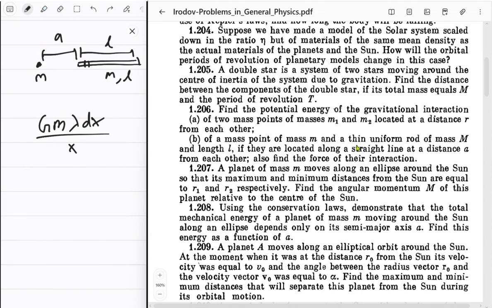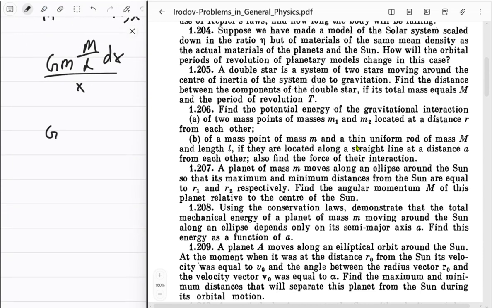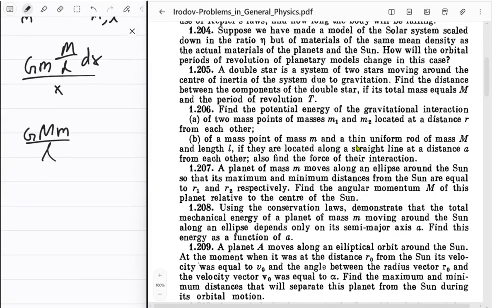And lambda is just capital M upon L. Don't make extra variables, just use the old variables. So you got G M m upon L times the integration of dx upon x as it goes from a to a plus L.